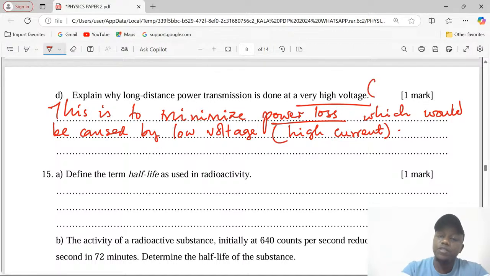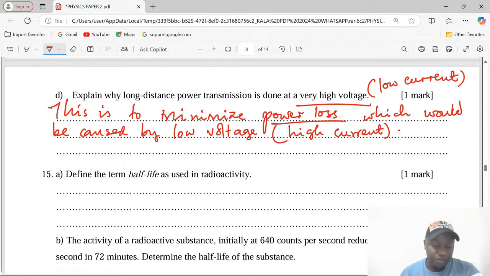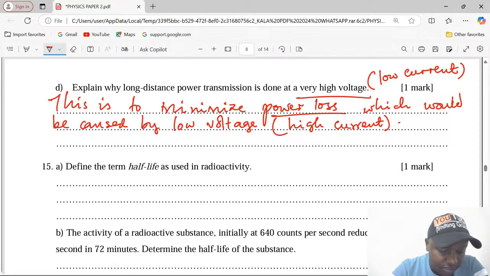So it's good for you to know this means low current. It's good for you to have that basic information.